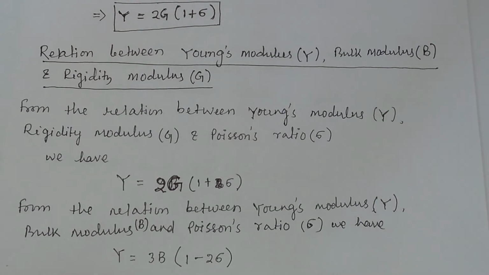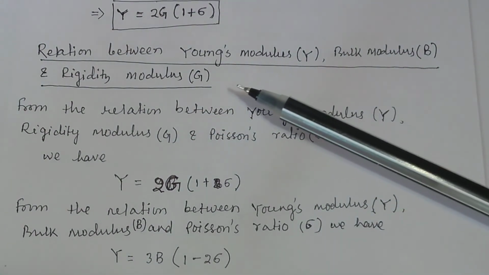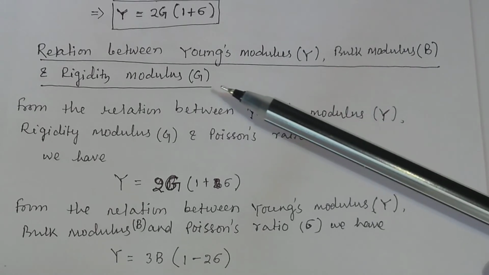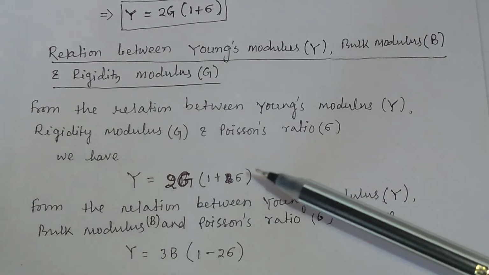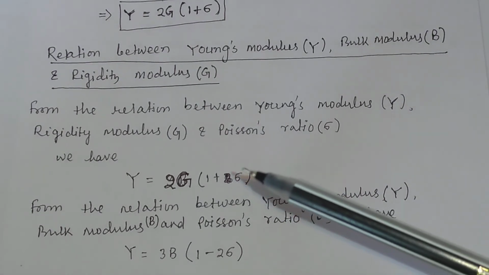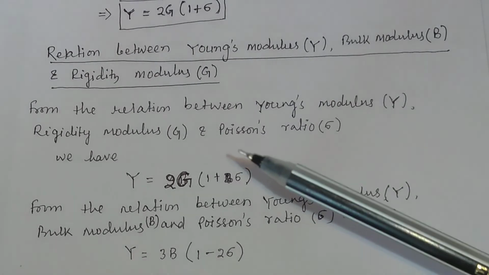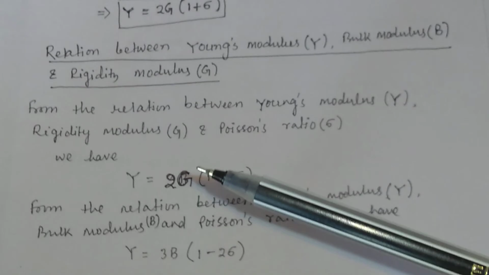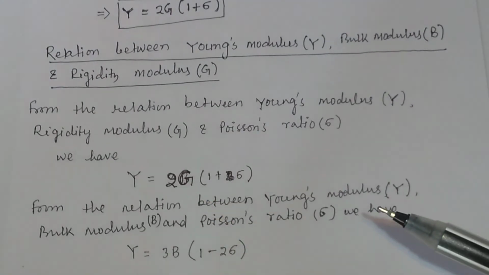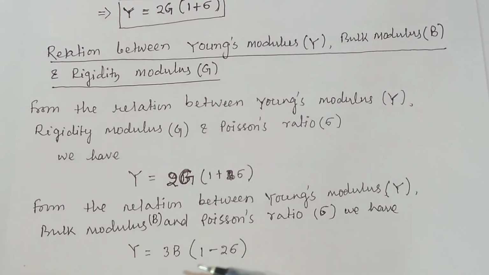Now let us derive the relation between Young's modulus Y, bulk modulus B, and rigidity modulus G. Till now we have deduced two equations: the relation between Young's modulus Y, rigidity modulus G, and Poisson's ratio sigma, and the relation between Young's modulus Y, bulk modulus B, and Poisson's ratio sigma, that is Y equals 3B into 1 minus 2 sigma.